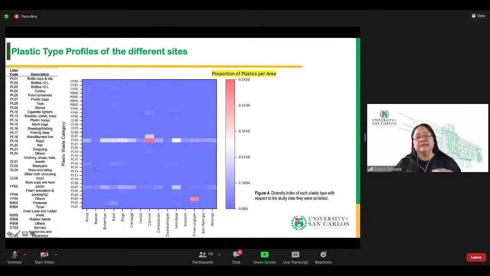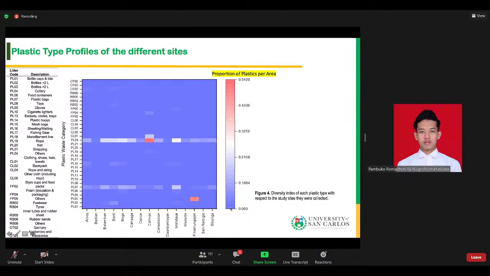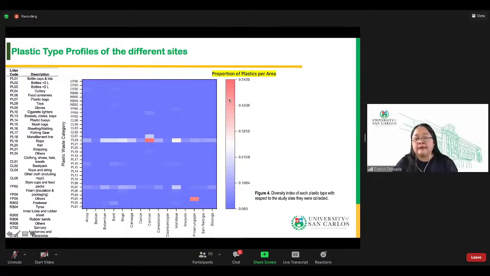Okay, and in terms of plastic type profiles for the different sites, we see here the violet or blue pictures would show up to the red one. So this is the range of the proportion of plastics per area.